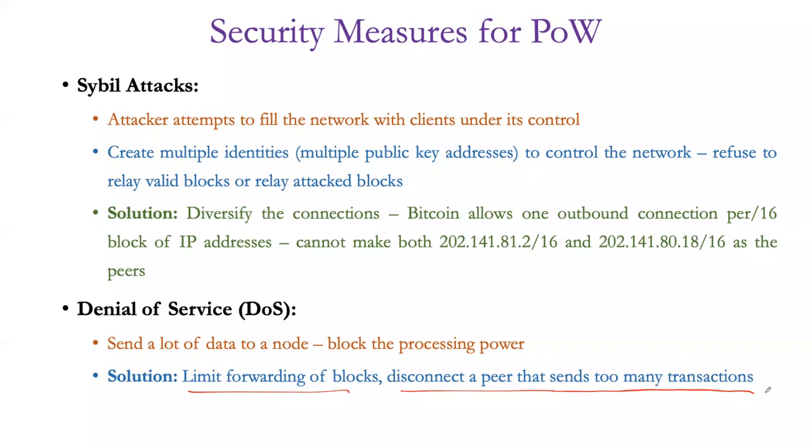That means identify a miner or node in the network that is periodically sending more transactions. As we said, in every 10 minutes one block will be generated. If anyone tries to generate blocks in 5 minutes or so, it means there is some adversary node. So identify such nodes and disconnect them from the peer network.